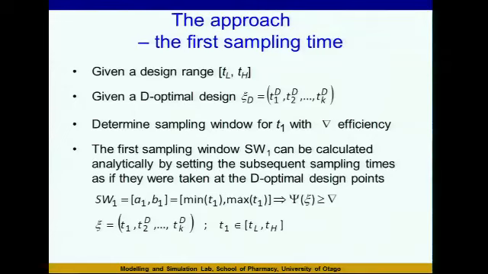The first sampling window can be calculated analytically just by setting the subsequent sampling times to their D-optimal times and saying all the sample times are taking exactly the D-optimal and just vary the first one. It's like a marginal window. So the sampling window is just the values of A1 and B1, which guarantee that psi, our criterion, is going to be greater than our efficiency, conditioned, if you wish, on the 2 to K all being at the optimal time points.